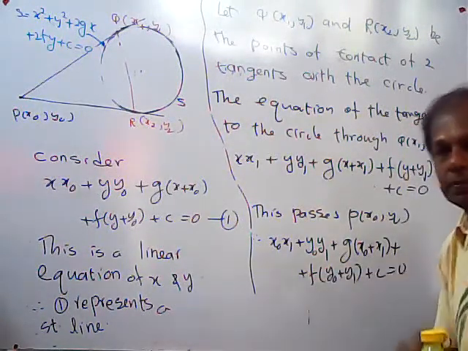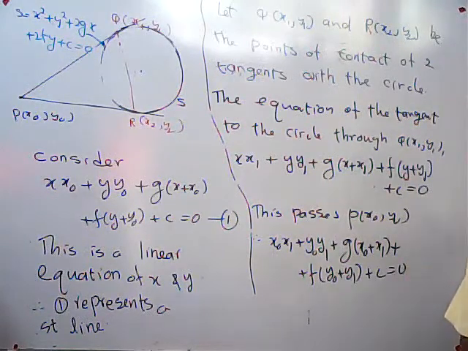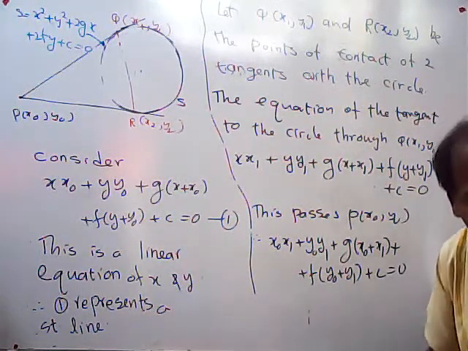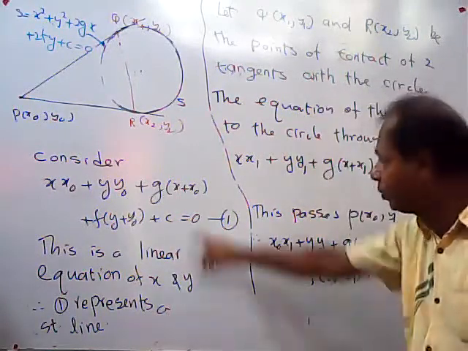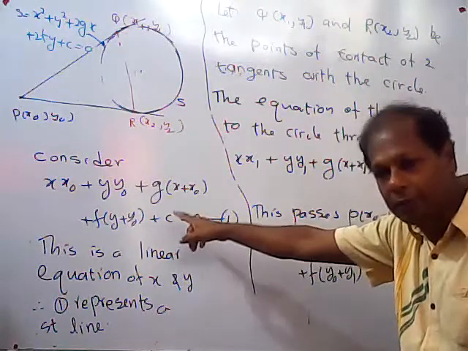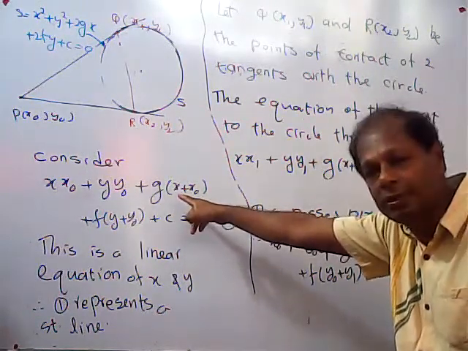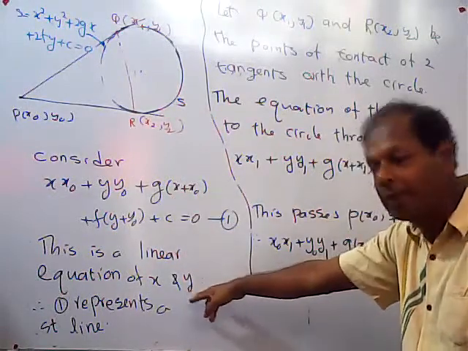Use of this. Let's go back to this equation. This one we have started, and at the beginning we said this is a straight line. We have proven that it's a straight line.